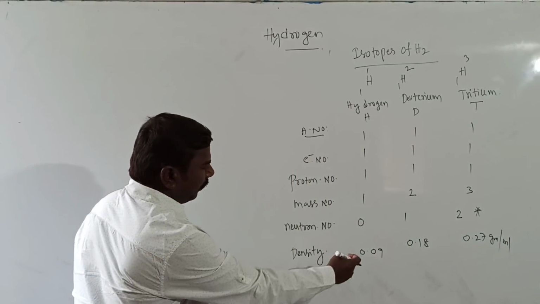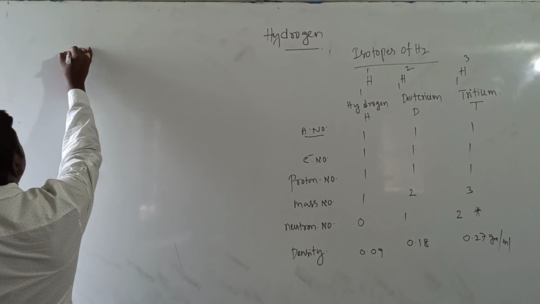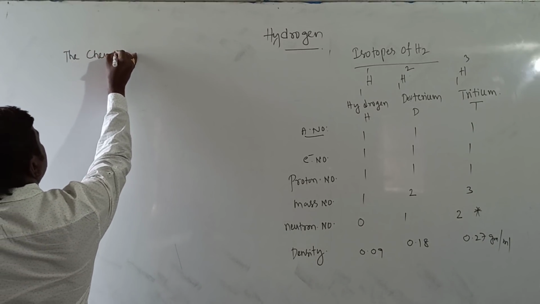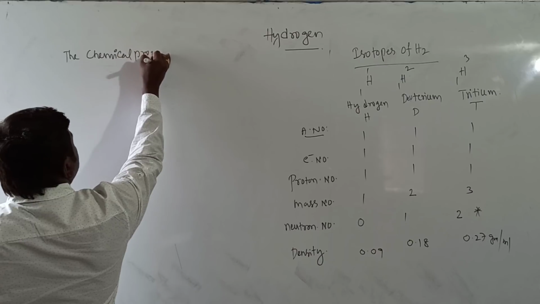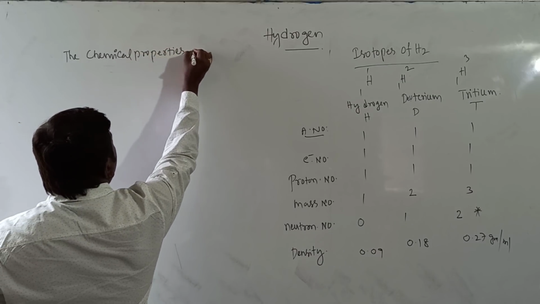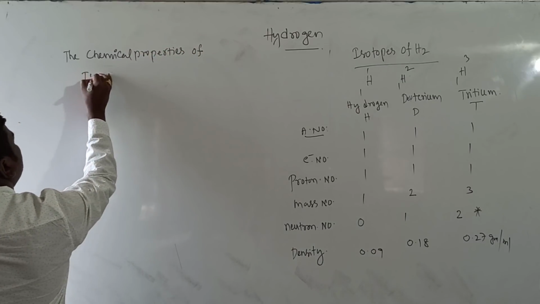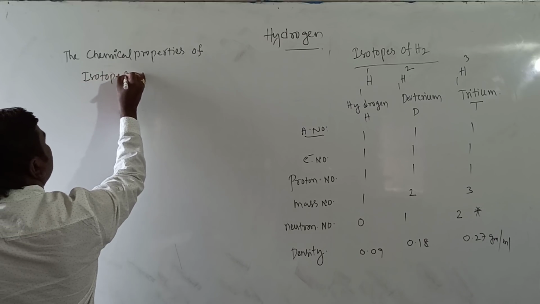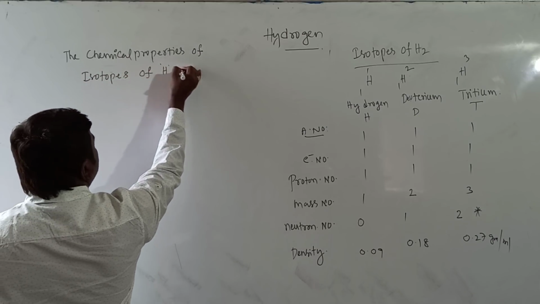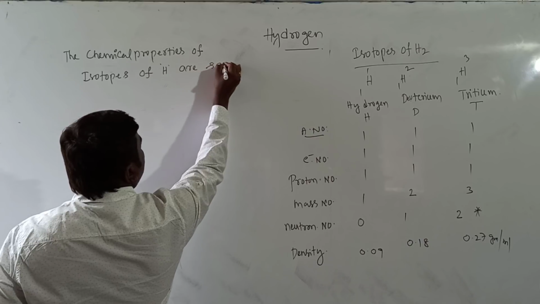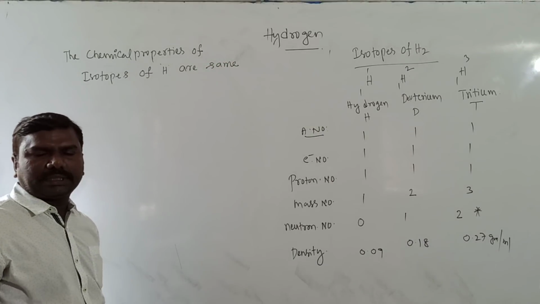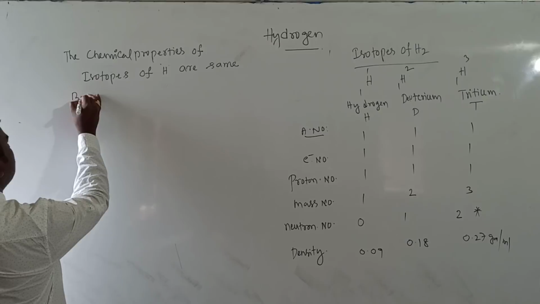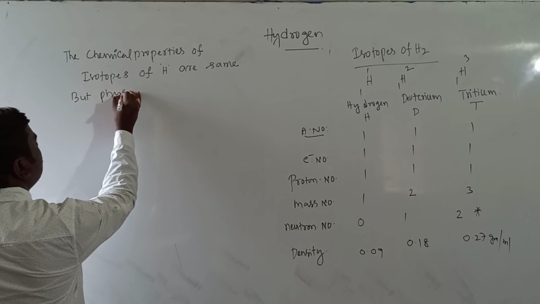Right. So the chemical properties of isotopes of hydrogen are the same, almost very close, but physical properties are different.